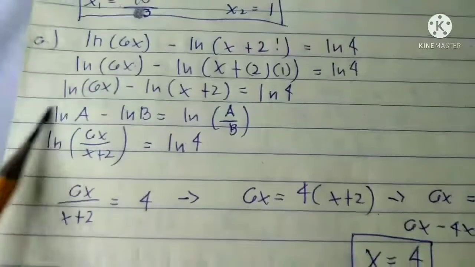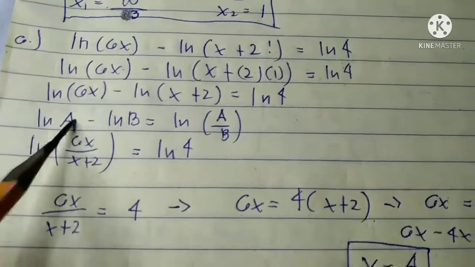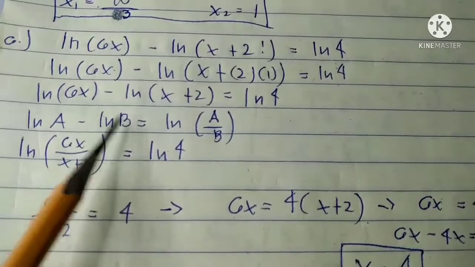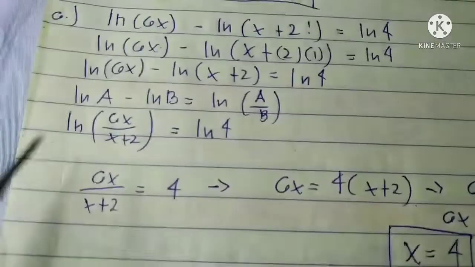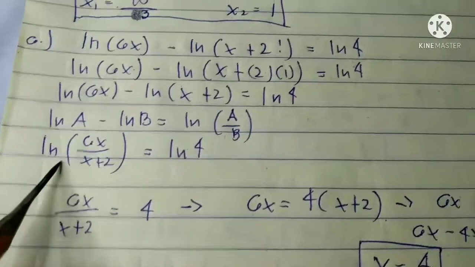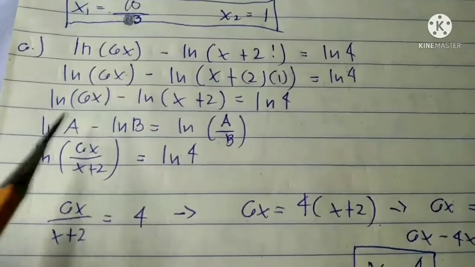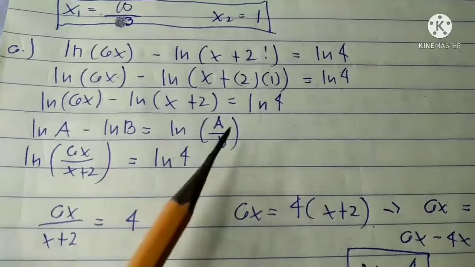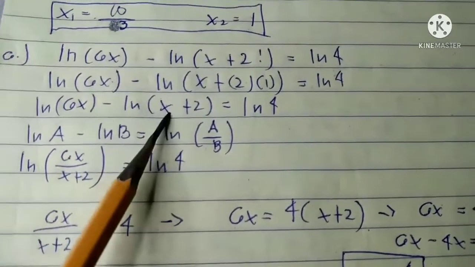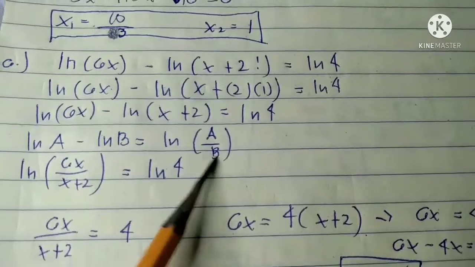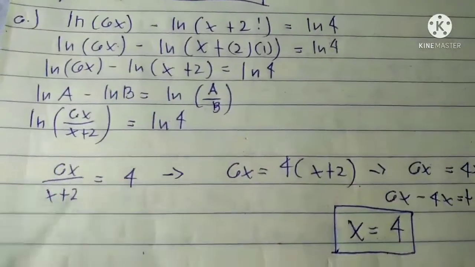Then we can combine this since they have the same base. So we're gonna use this: ln a minus ln b is equal to ln a over b. Then we're gonna write this like ln quantity 6x, this is a, over x plus 2, that is our b, equals ln 4.